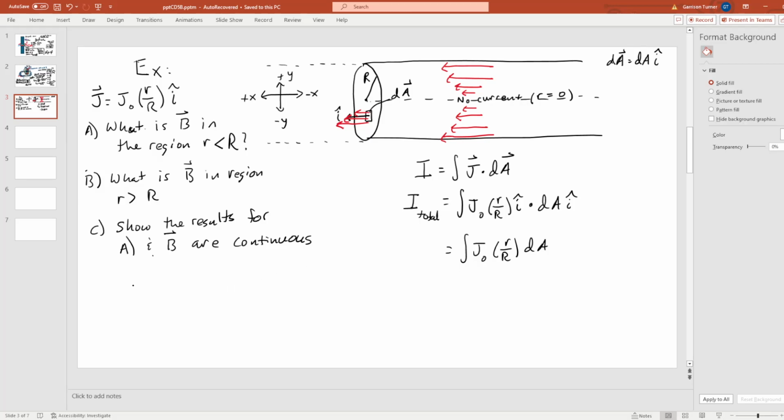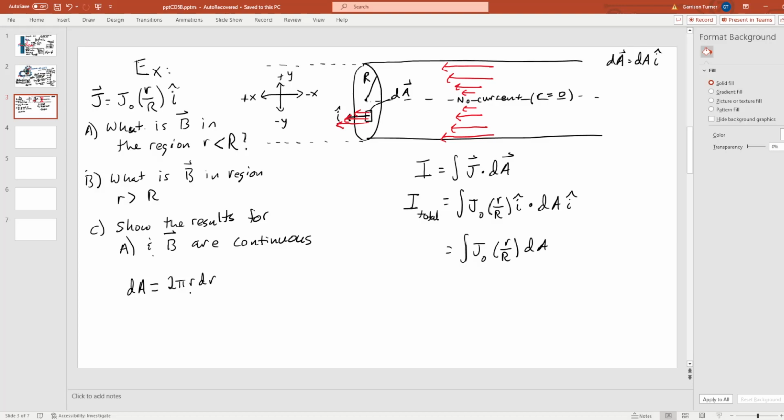For a circle, your area element dA, if there's no angular dependence, you can go ahead and integrate the angular quantity, and you would get 2 pi. And so the area element for your circle is going to be 2 pi r dr. Okay. And if I integrate this expression from 0 to capital R, I would get pi capital R squared, which is what we want.